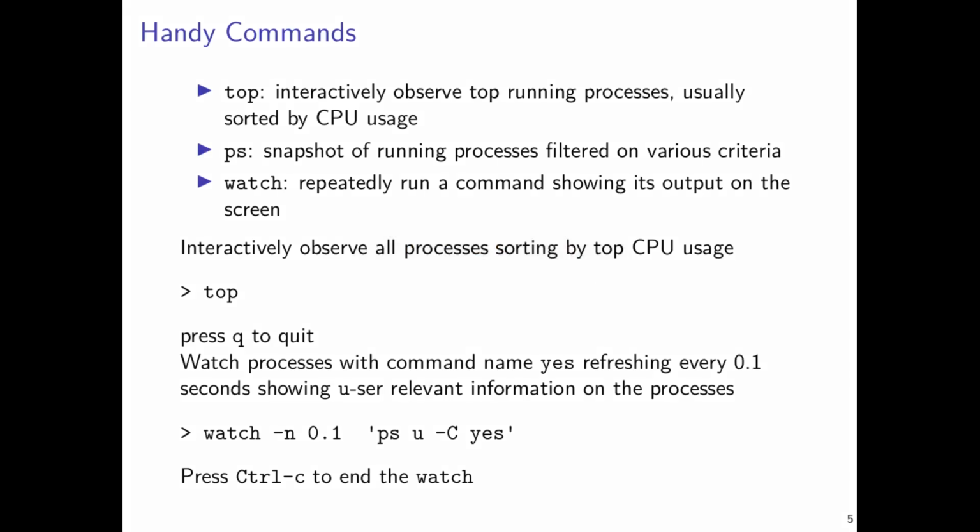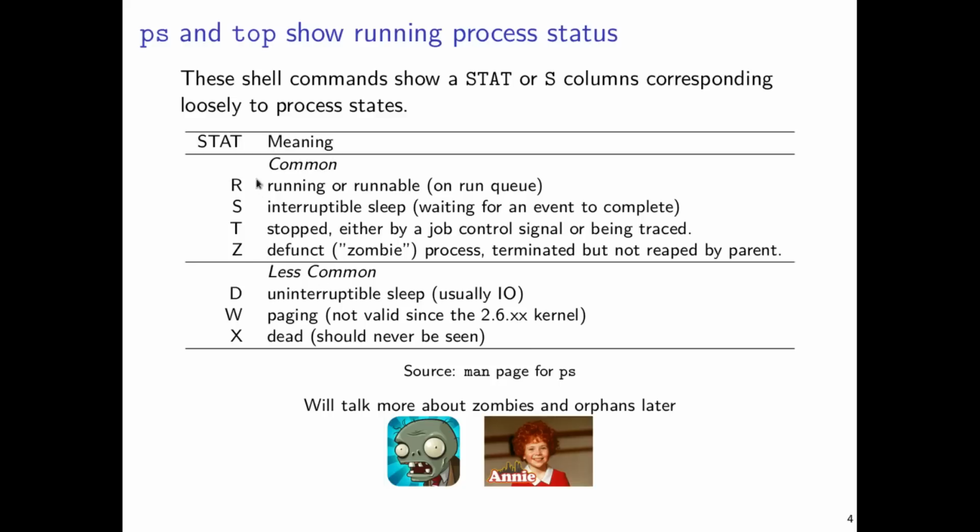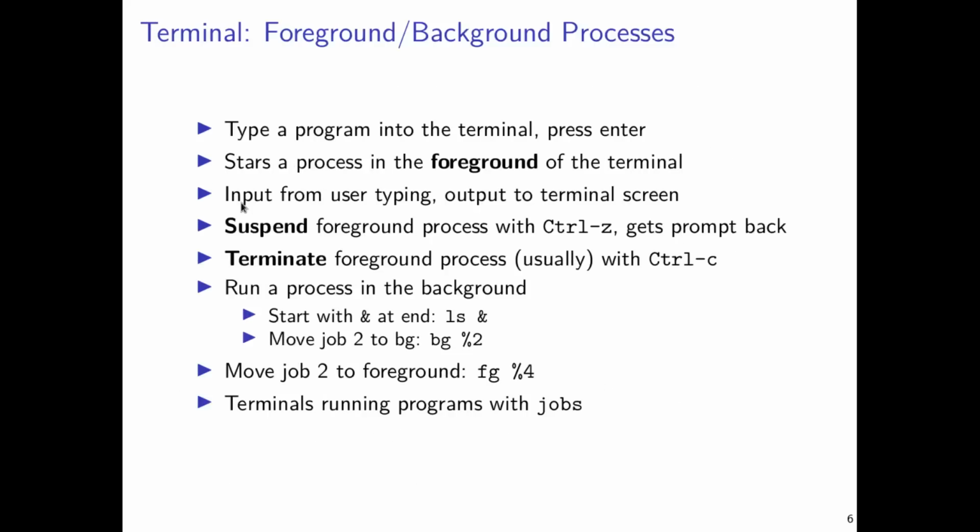So those are interesting tricks that you can see, and this is a reminder that you can see the states that are listed up here, R and S, as we've seen. We'll see some more of these as we progress through the lecture. A common trick associated with terminals that is useful and relates to the process state is to be able to issue commands and then potentially suspend them or recall them back into the foreground.